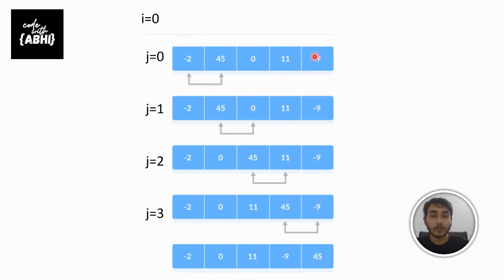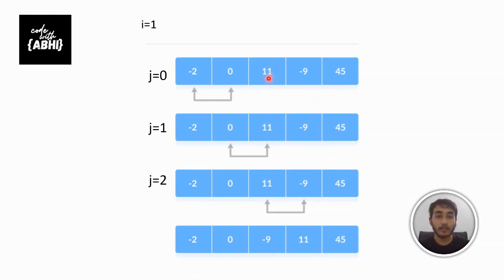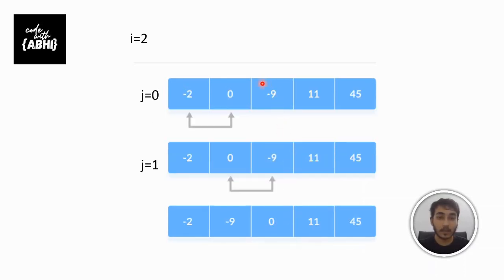Since 45 was the largest number here, 45 got sorted first, and in the second loop 11 is the largest number, avoiding 45 because it got already sorted. If we keep on swapping every element, 11 will get sorted. In the next loop 0 was the largest one, so 0 got sorted here. So we can see that in bubble sort, the sorting starts from the end of the array.